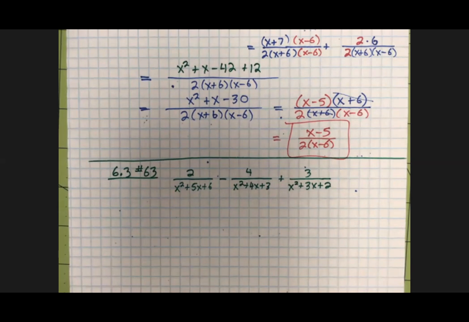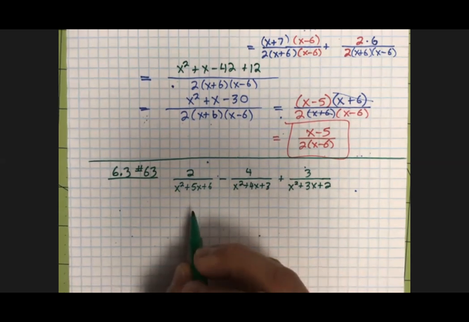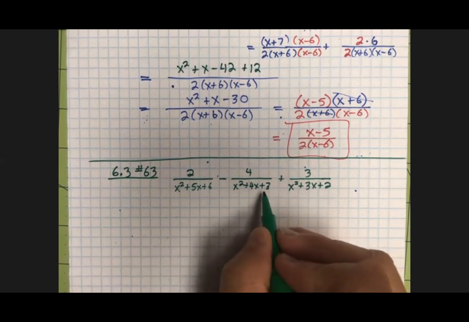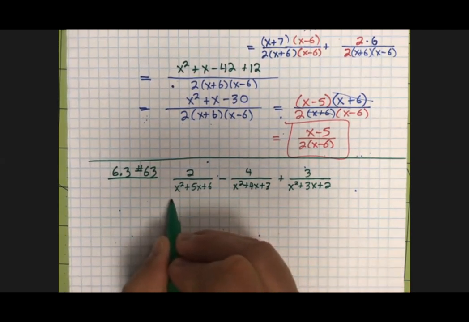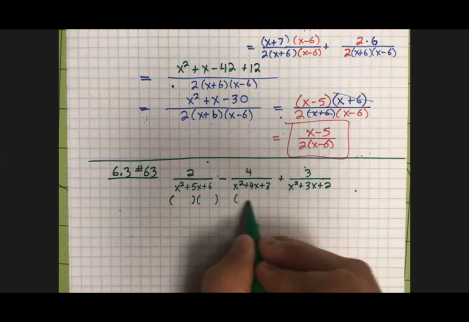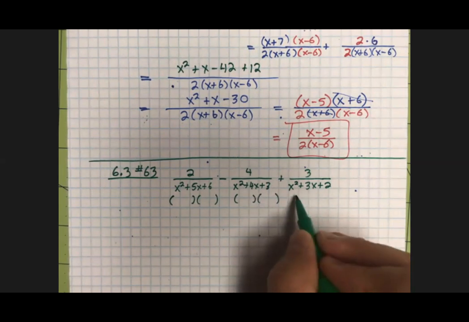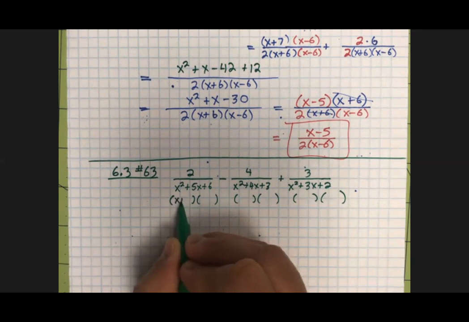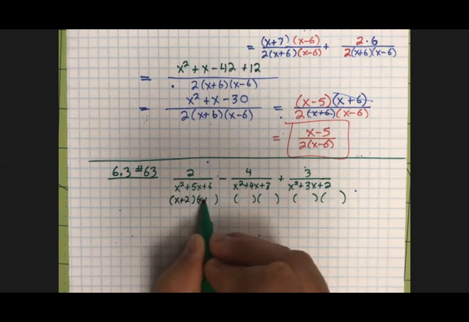In fact, I think I'm getting a headache. I mean, there's thinking here. So sometimes after you do these, they're so long, you have to take a break. Let me check this out. I got to factor each of these denominators, hopefully. They're not terribly ugly. This will be x plus 2 times x plus 3.